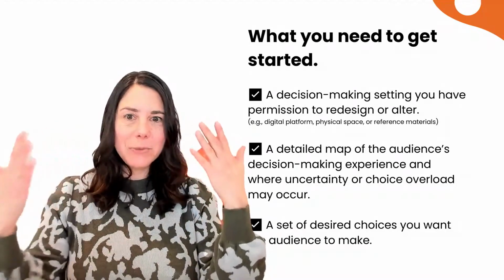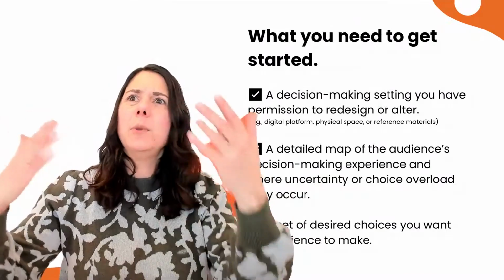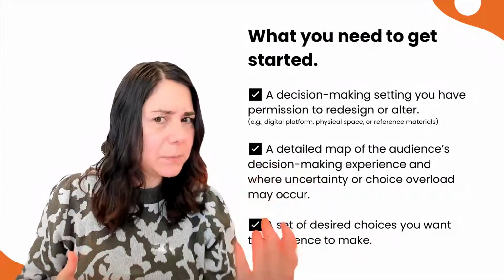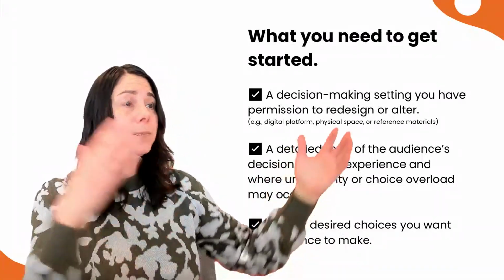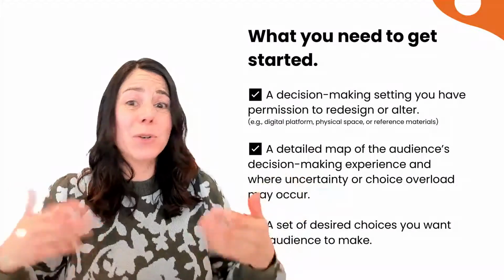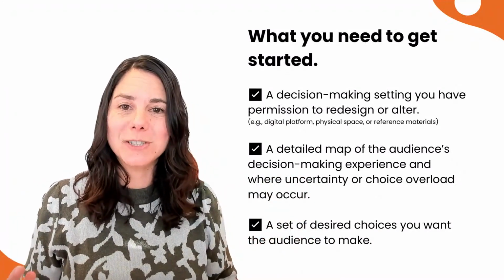And a little bit of that, you might even have to walk through the space yourself and say, okay, where do I need to make a decision? What am I looking for? Am I looking at a signboard? Am I looking at a piece of paper to make that decision? Are there big signs pointing me in the right direction? Or if I wasn't part of this, would I be completely lost and not know what to do?